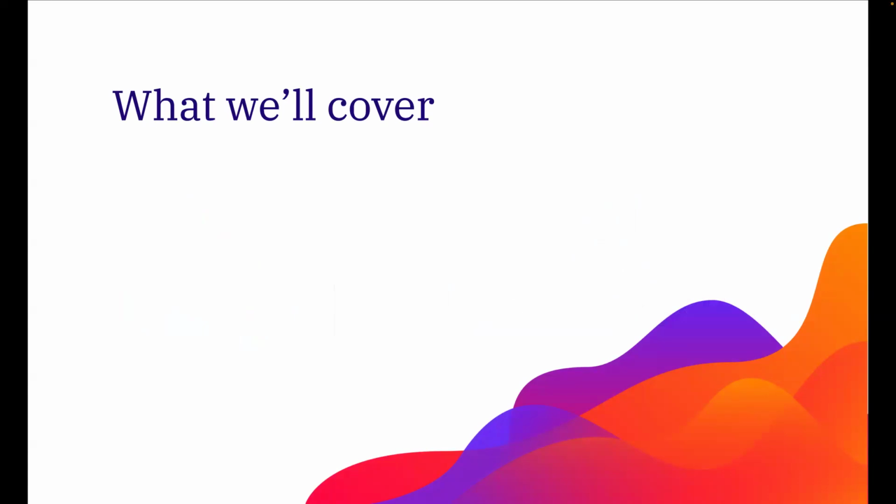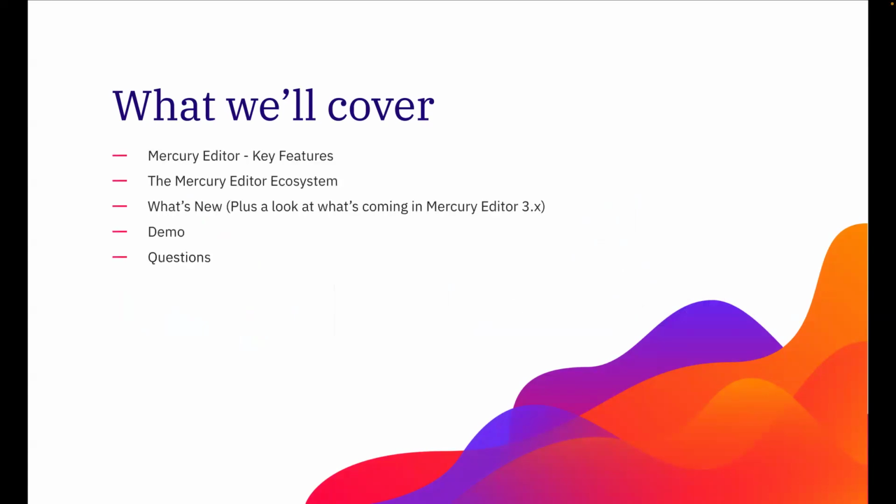So what I'm going to cover today, we're going to be talking all about Mercury Editor. I'll talk just a little bit about what the key features of Mercury are. I'll talk through the Mercury Editor ecosystem. One really important concept is that Mercury Editor is built on top of a lot of pre-existing tools in Drupal. So at its core, this isn't a new way of working with content. It's not a new way of storing content.